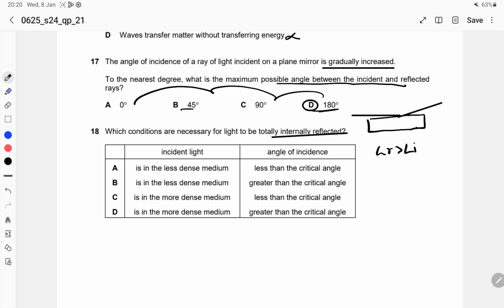So it has to be more dense to less dense, which means it's either C or D. And my angle of incidence has to be greater than the critical angle, because if it is less, I only have internal reflection and not total internal reflection. So my correct answer has to be D for this one.